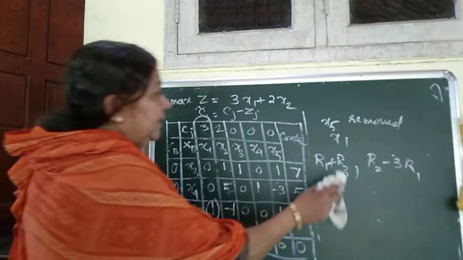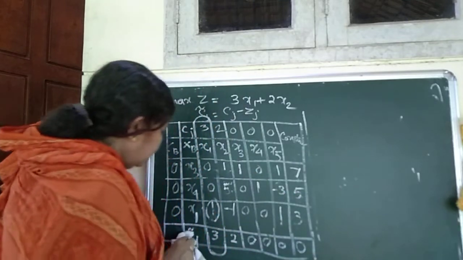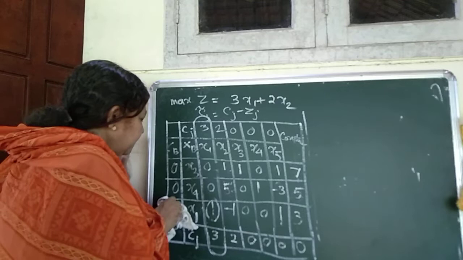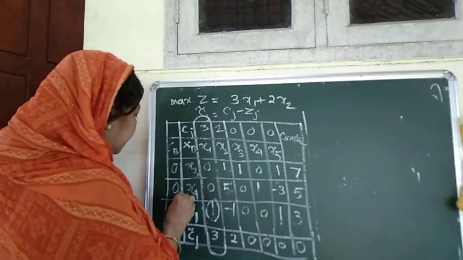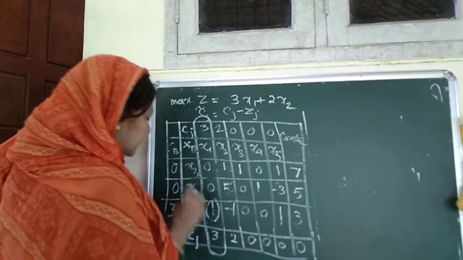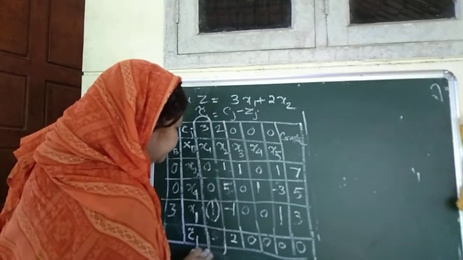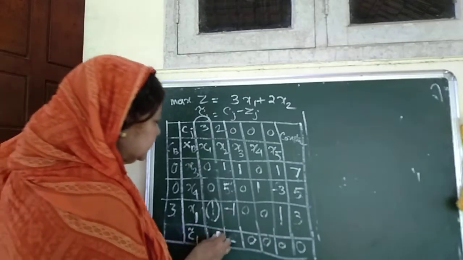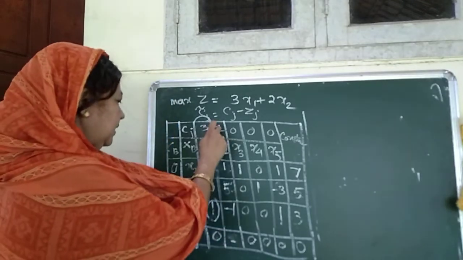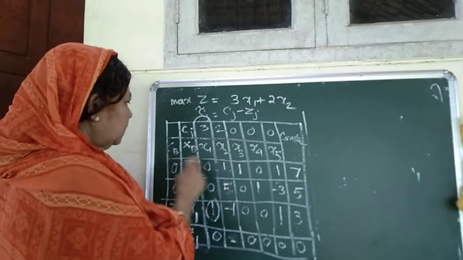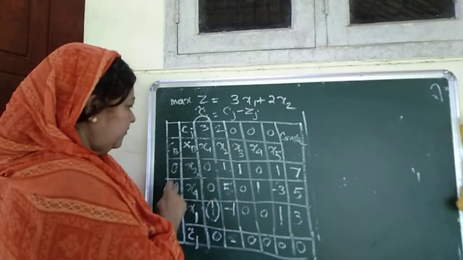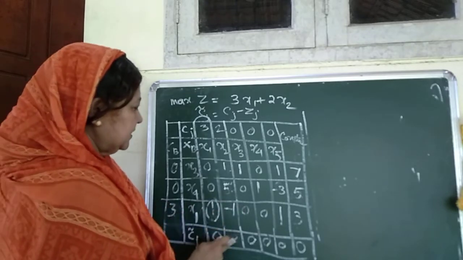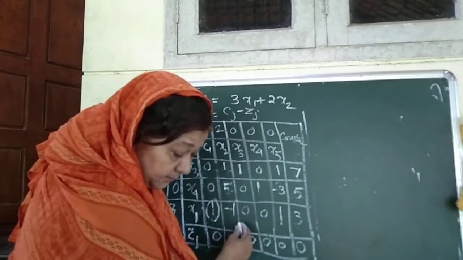From this table again we have to find the value Cj. Cj is changed because the cost coefficient of x1 is here 3. So we have a change in this value also. It is 0. Then here 2 minus 1 into 0, 5 into 0 plus minus 1 into 3, that is 2 minus minus 3 gives 5.